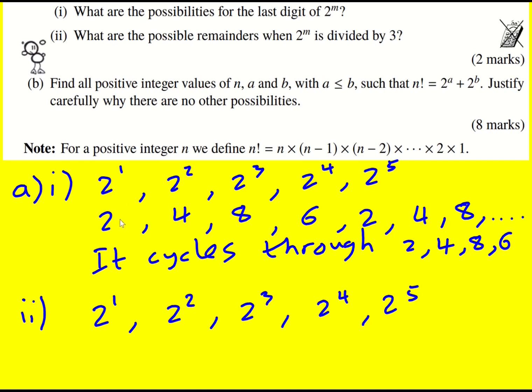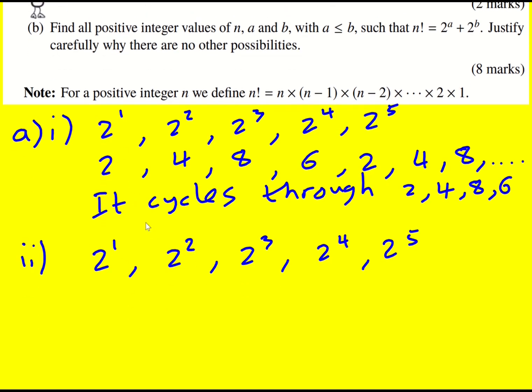So the remainder when I divide 2 by 3 is clearly 2. And when I do 4 divided by 3, I get remainder of 1. And then 8 divided by 3 is going to be 2. 16 is going to be 1. 32 is going to be 2.